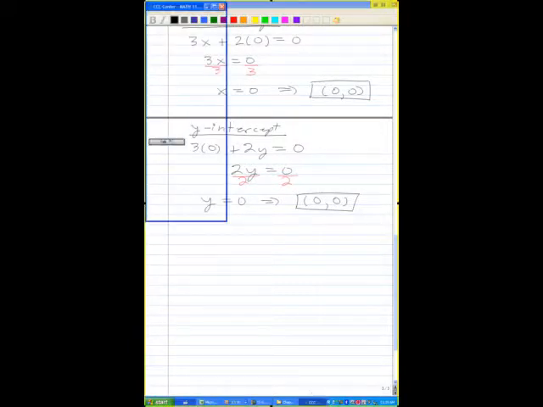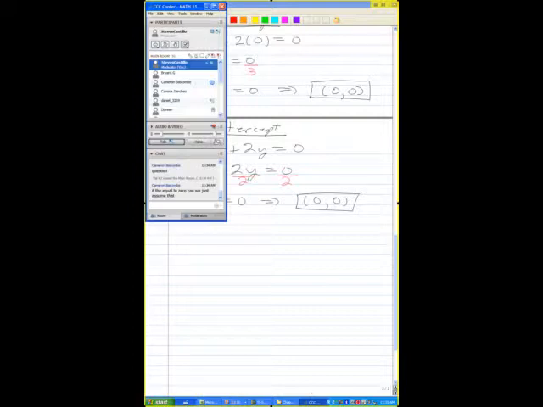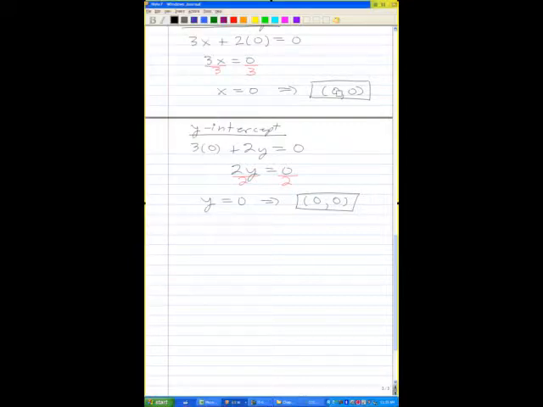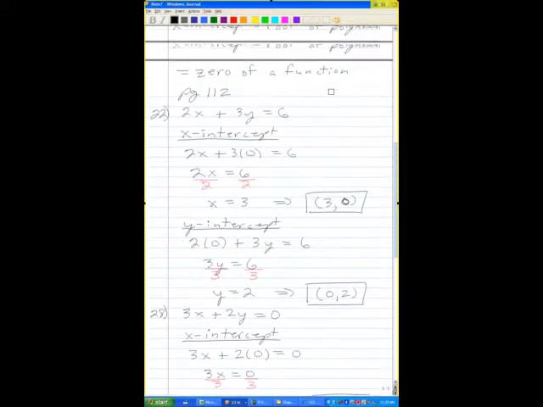If you find that the x-intercept is at the origin, then you certainly know the y-intercept is also at the origin. And please note that for any x-intercept, y is always 0. For any y-intercept, x is also equal to 0.